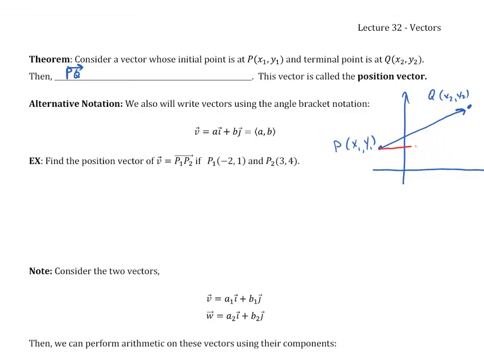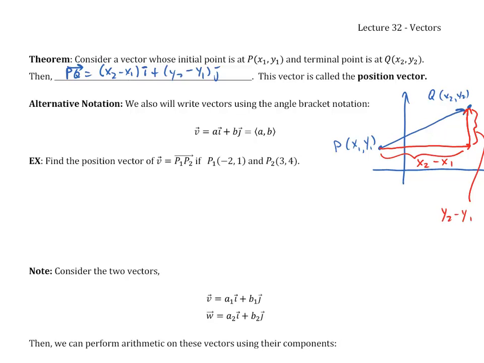So how far does it go in the x direction, and how far does it go in the y direction? This distance here would be x2 minus x1. So the x component would be x2 minus x1 times i, and then the y component, this length vertically here, would be y2 minus y1. So we would have plus y2 minus y1 times j.